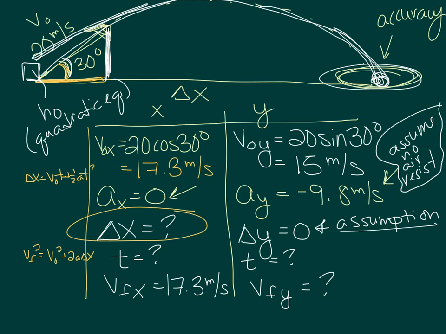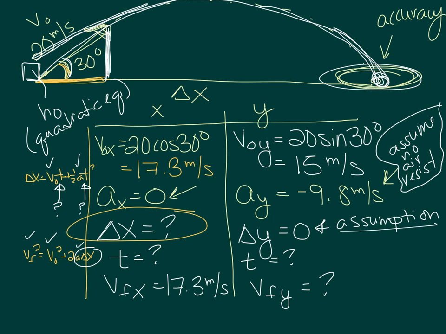When I look at this first equation, I notice that it has time in it. And although I know initial velocity and acceleration, I don't know time. When I look at my second equation, I notice that I know final velocity, I know initial velocity, and I know acceleration, and I'm looking for displacement.